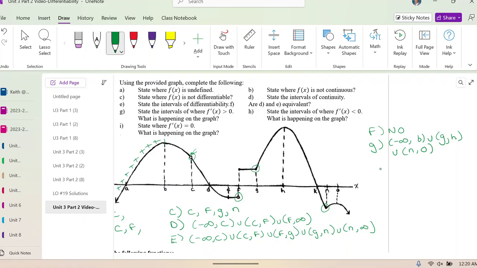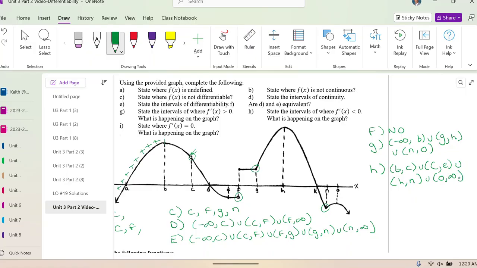Now for h, it says where is the slope negative, and the slope is negative from b to c, from c to e, and then it's negative from h to n, and then from o to infinity.